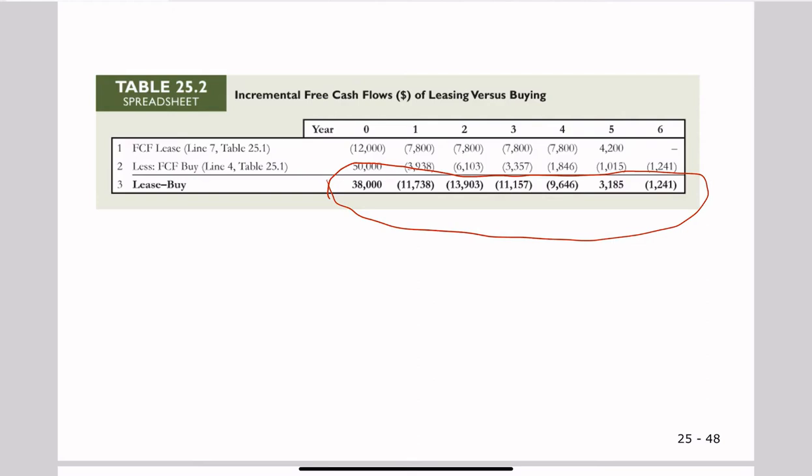In this case, because the initial date cash flow is positive, if IRR is larger than your cost of capital, then you will have a negative NPV project. So leasing is undesirable. Among all three methods, if you have the freedom to choose which method to use, I would say just use NPV, right? Just calculate the net present value. It's much more intuitive.